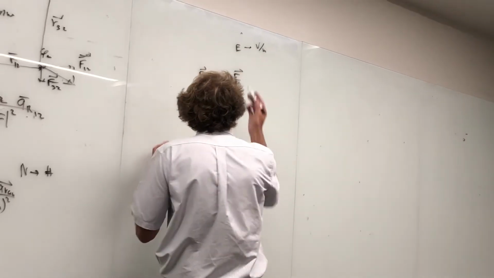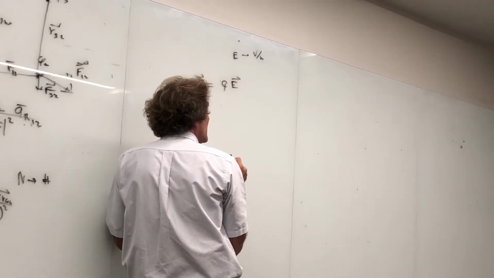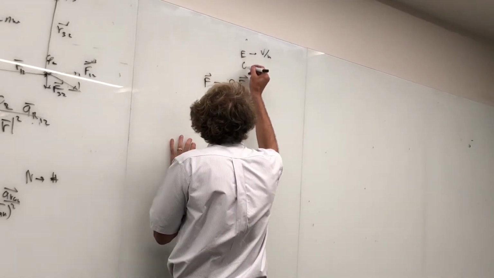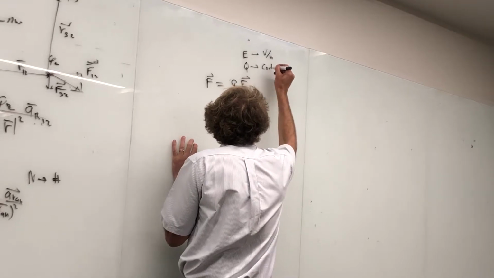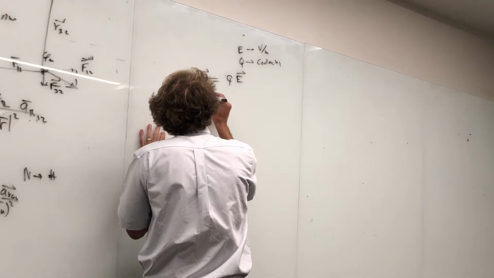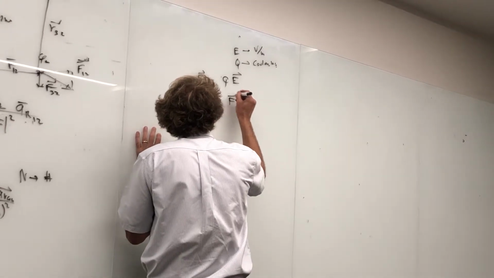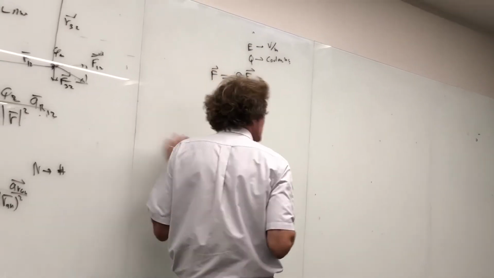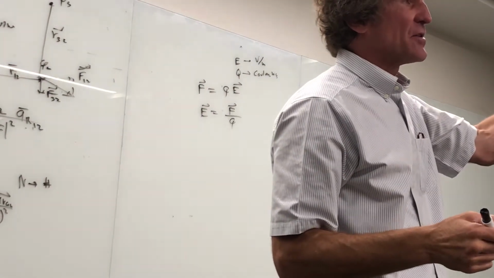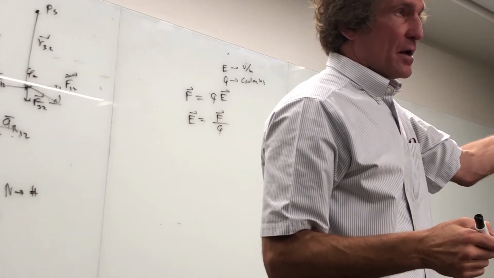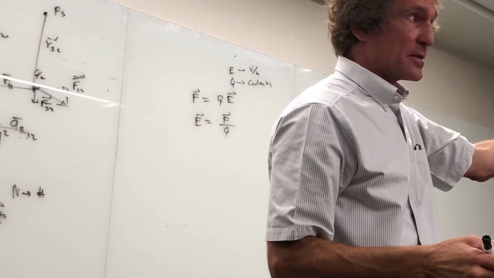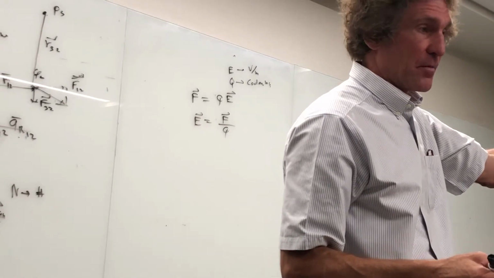And it's a vector, so it has a magnitude and a direction. Q is in coulombs. Which means that E in general can be gotten from the force on any charge divided by the value of the charge. And what that does is exempt us from worrying about the actual value of the charge at that point. What I can do is calculate the electric field, and for any charge that I introduce there, I can calculate the force on it by multiplying it by the electric field.